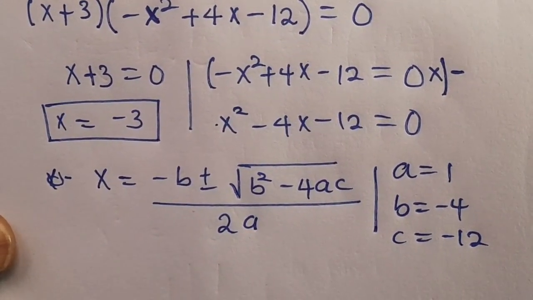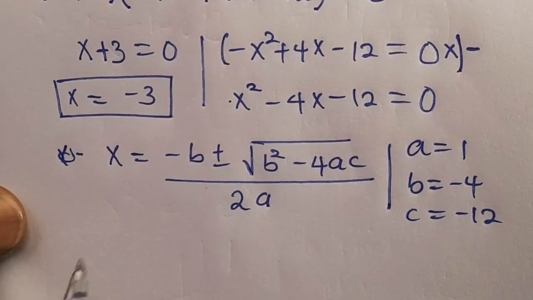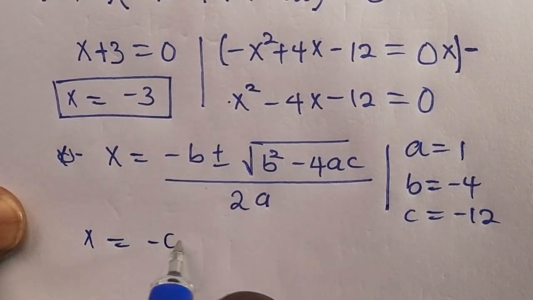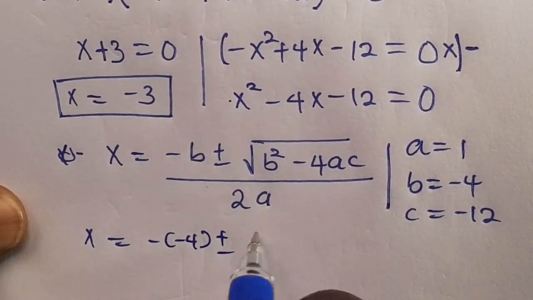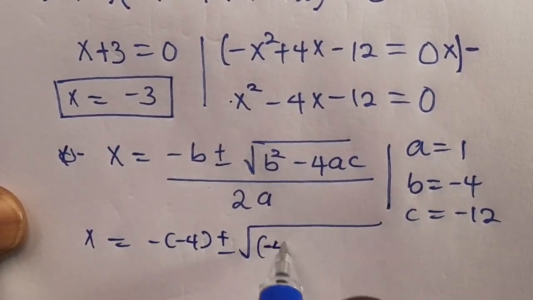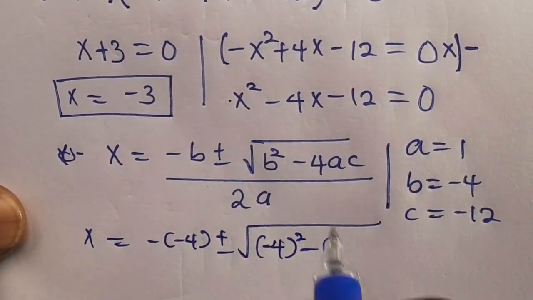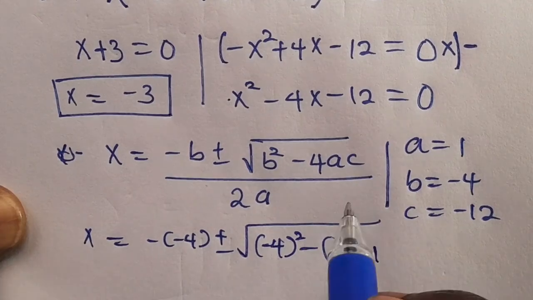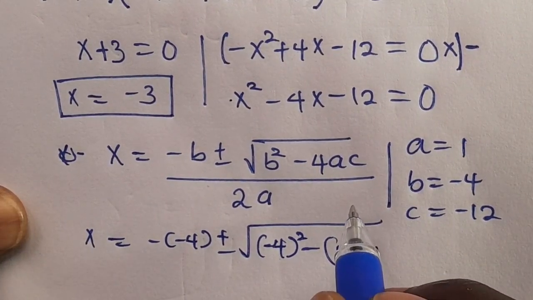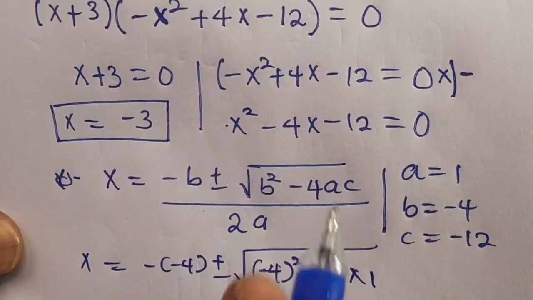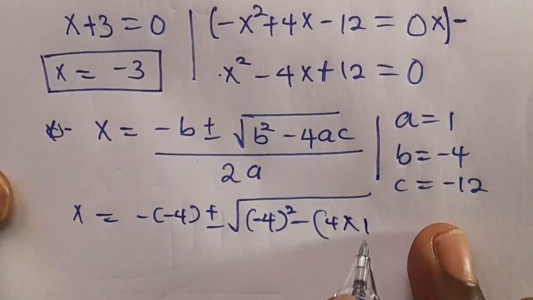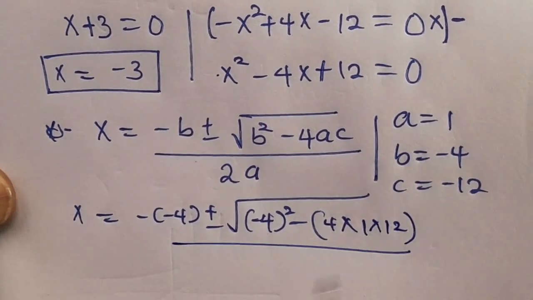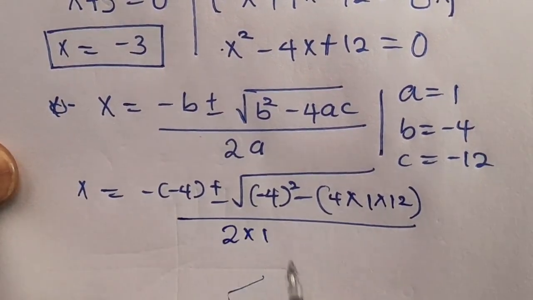And the moment when you put everything here, we have our s to be equals minus into minus 4, positive or negative, square root of minus 4 squared, minus 4 times a, 1 times c. So this one's supposed to be 12. Will now be times 12. Then all divided by 2 times 1.